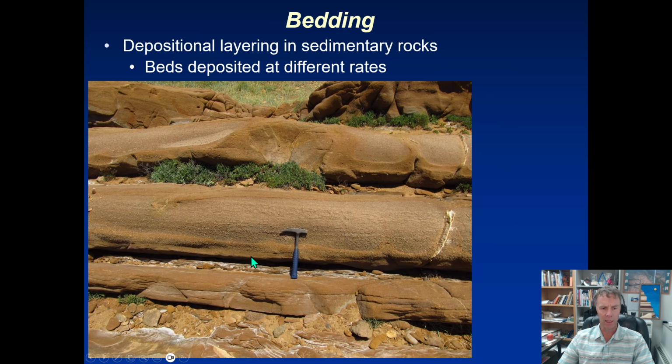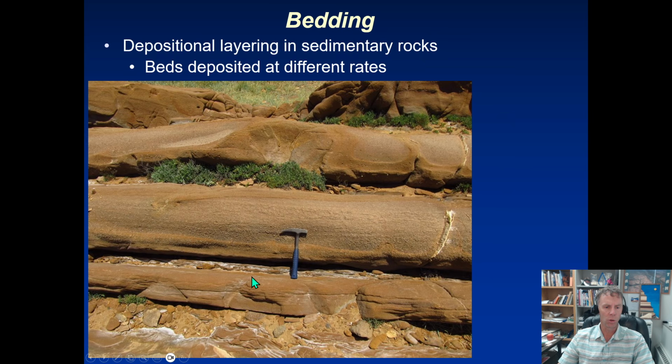And lest we think that a bed of rock represents any sort of time interval, we need to throw that idea out of our minds, because you can accumulate a foot or a meter of sediment. That thickness of sediment might take thousands of years out in the deep ocean for that much fine-grained material to accumulate to that depth of a foot, let's say, or a meter. Or conversely, you could have a very high-energy event like a big flood or something that deposits a foot or a meter of sediment instantaneously, within a day, let's say.